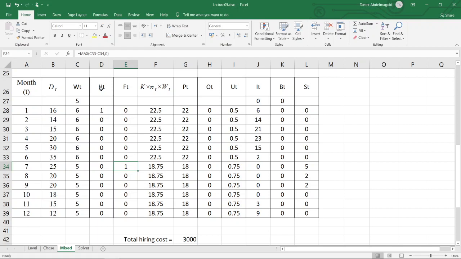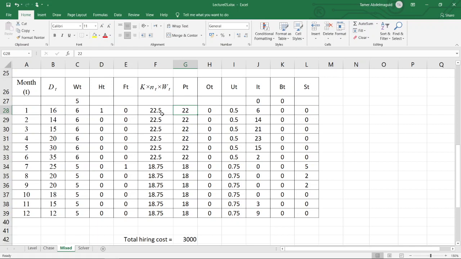And of course, this appears in these 2 columns, as you can see. Now, again, we calculate the production capacity available based on the number of workers. As you can see here, changes have happened compared to the level strategy. And then we will make a decision on the production quantity based on the available capacity.